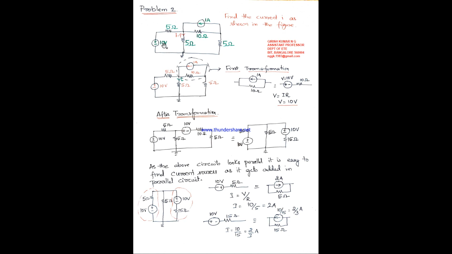Either convert this 10 volts in series with 5 ohms to a parallel network, or convert this 10 ohms in parallel with 1 amp to a series network. If I convert 10 volts in series with 5 ohms to parallel, then the circuit will not be solved, it remains as complicated as the question circuit.